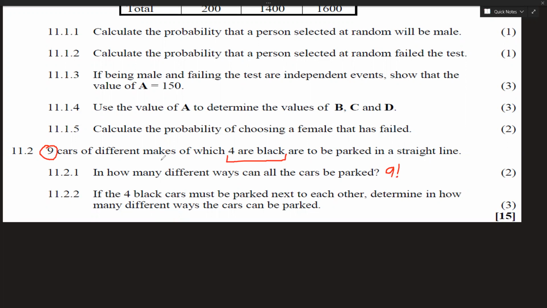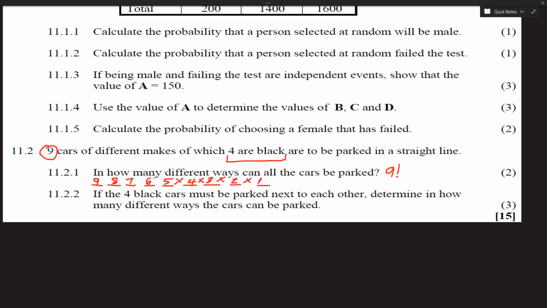Perfect. Because let me just show you so that it makes more sense. So 1, 2, 3, 4, 5, 6, 7, 8, 9. So on the first spot, you have 9 cars to pick from, right? And then you are left with 8. Then you're going to be left with 7, 6, 5, 4, 3, 2, 1. Then this is 9 factorial.